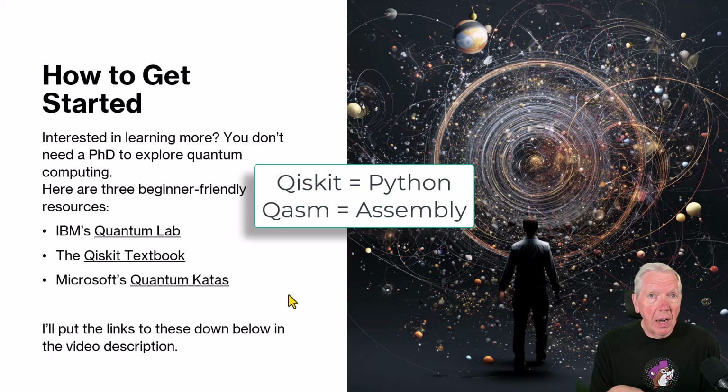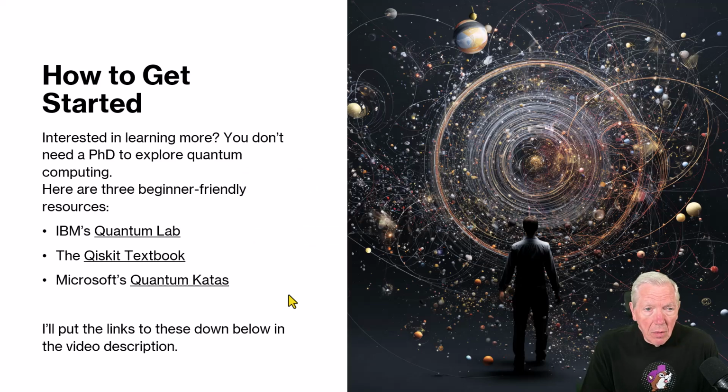So if you know how to write assembly language, you could write in assembly for the quantum processor rather than with Python. And then, of course, Microsoft has what's called the Quantum Katas, and there are a couple of really good books that I think you might enjoy. I'll put the links to those out there as well.